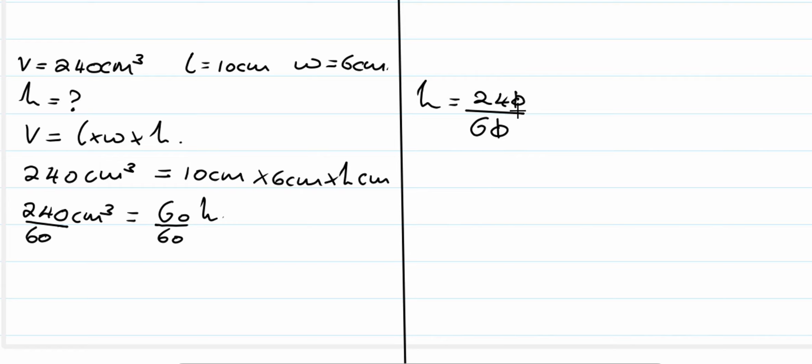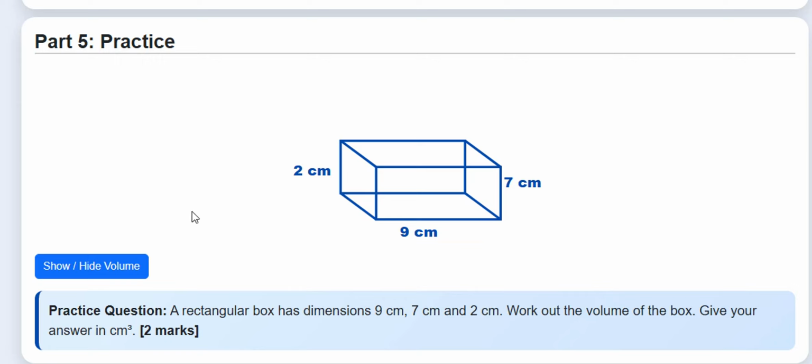Then we divide 24 by 6, which is 4. So the height of that cuboid becomes 4 centimeters. If you multiply 4 centimeters by 10 by 6, then we'll get 240, which is the volume of that cuboid.